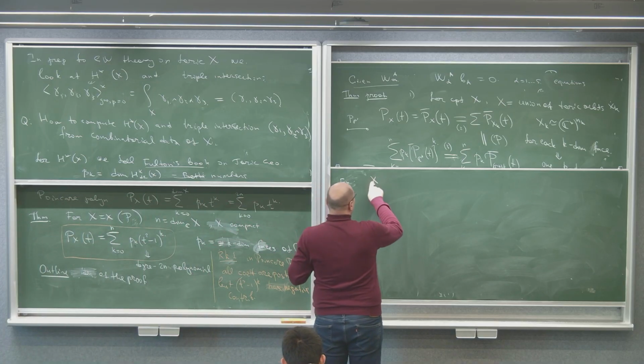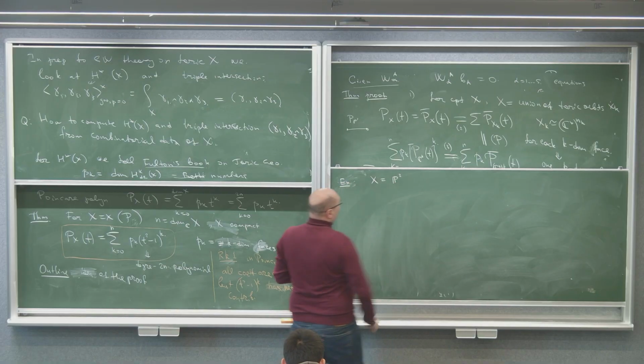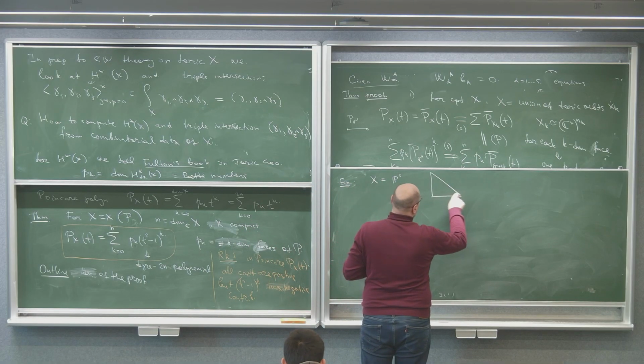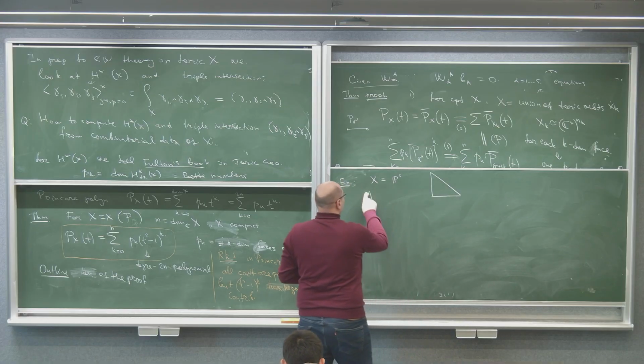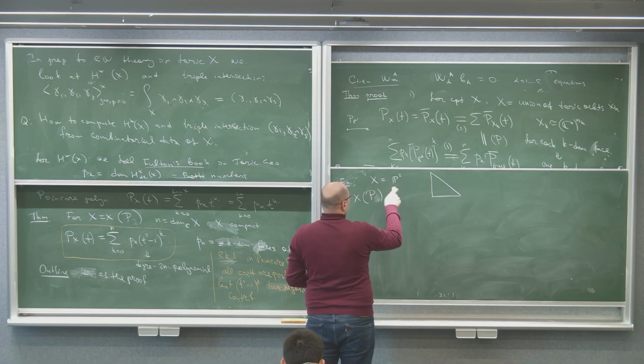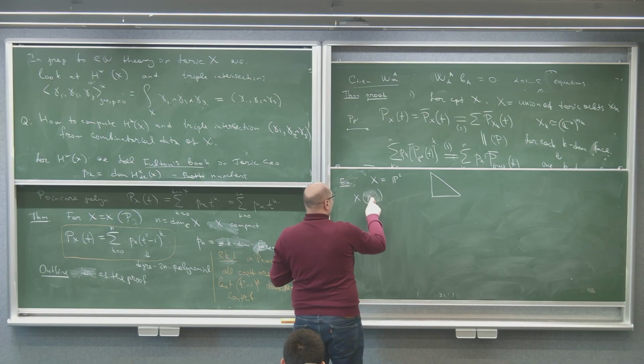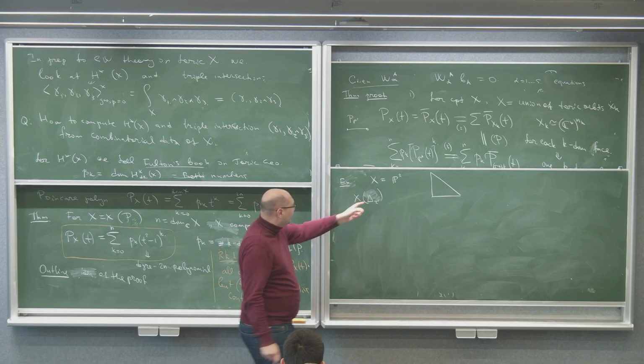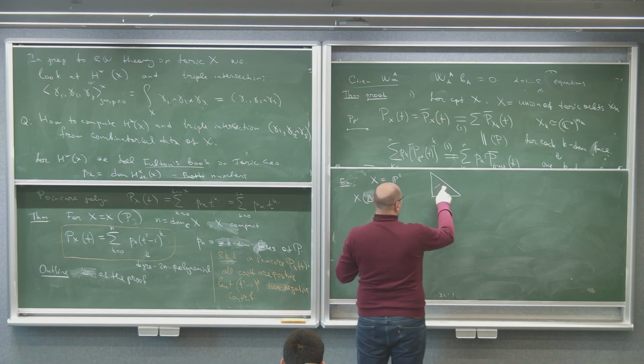So let me take X as P2. For P2, we computed the polytope today, and P2 was a standard two-dimensional simplex.